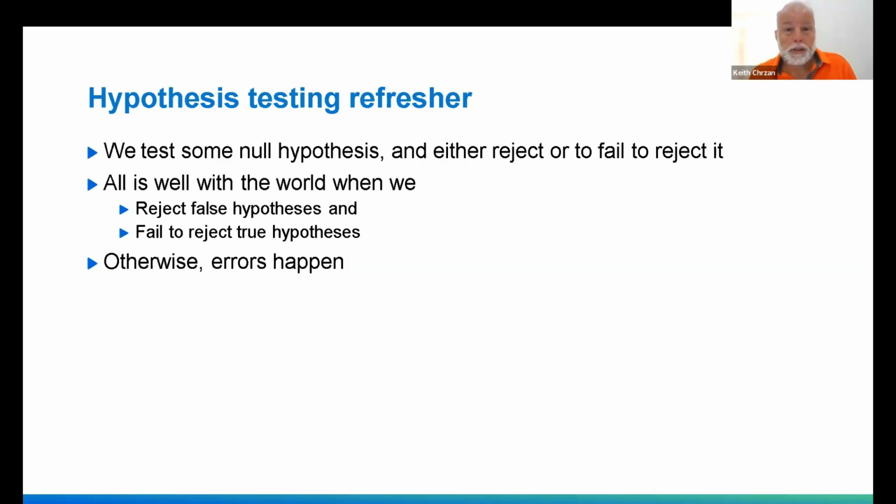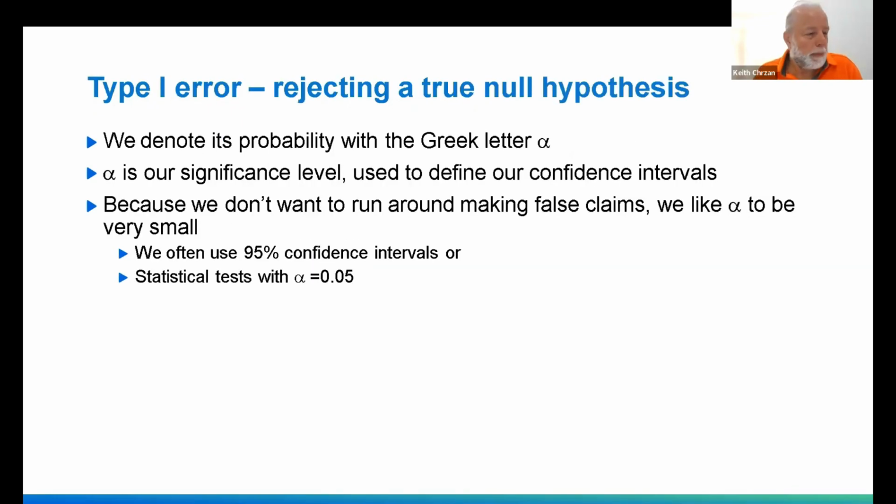In those two situations, we're in great shape. Otherwise, there are some errors that happen. The one you probably most remember from your days in stats class is type 1 error. And that's the crime of rejecting a true null hypothesis, and thereby believing something that isn't true.